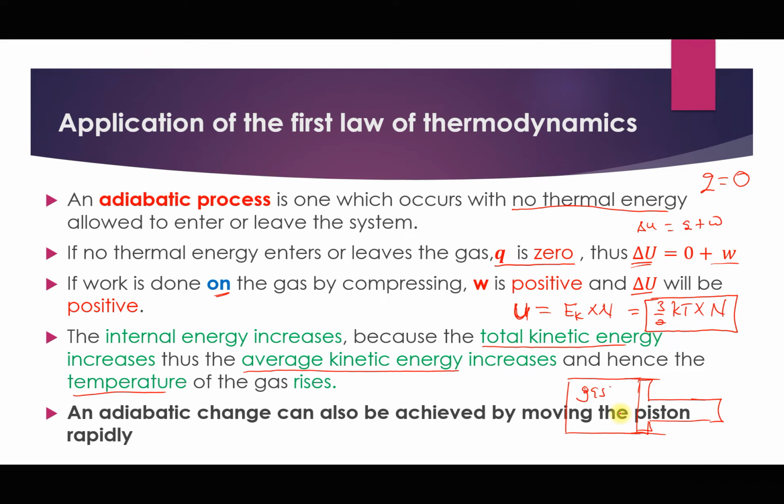For example, it could be pumping air into a bicycle tube, and you are doing it very rapidly. That means you are not allowing time for the molecules to lose the kinetic energy they have acquired, and therefore there is no heat leaving or joining the system. That is an adiabatic process.